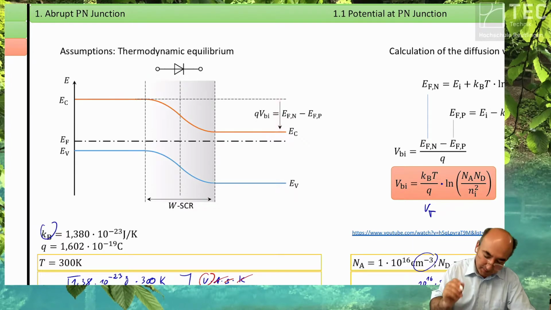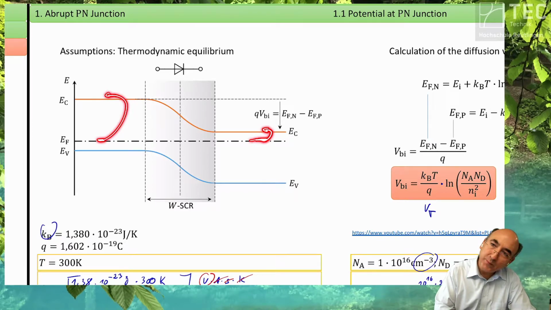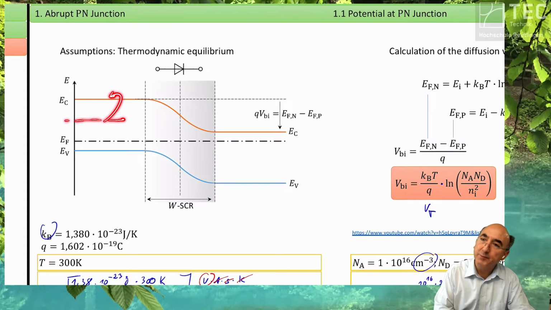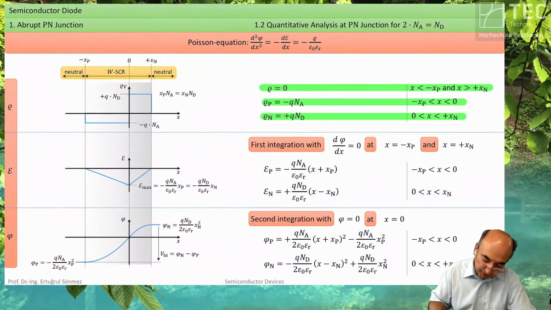So the same, I can express it referred to this level, this value, or to this level, this value. Or if I use the intrinsic, I can derive the same equation referred to the intrinsic carrier concentration.